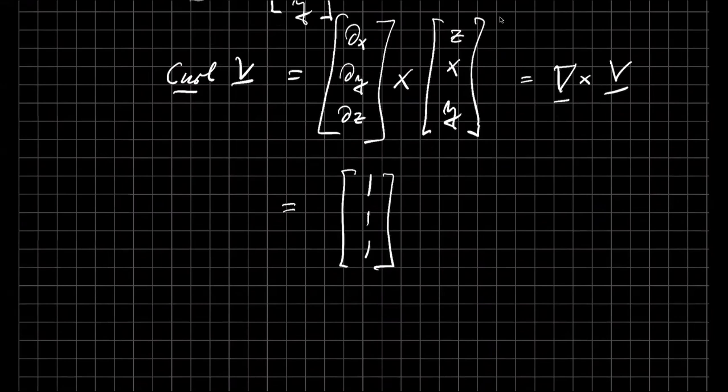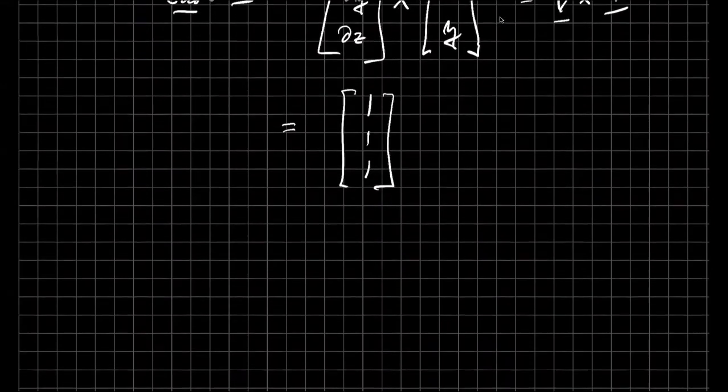Now I have all the ingredients to compute the circulation. I want the circulation around the perimeter of my triangular area. This will be the dot product of my vector field with the unit vector along the boundary, and then the differential d mu.